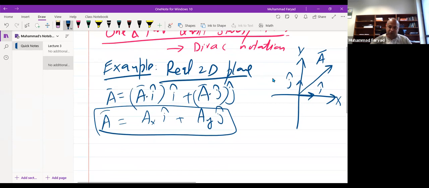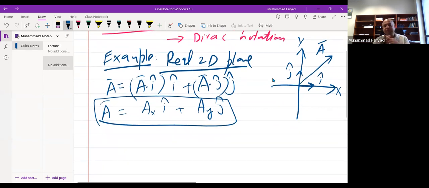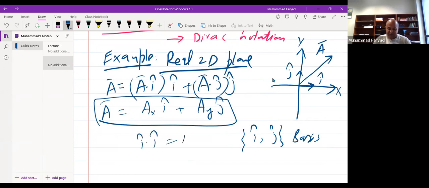And just to prepare an analogy with the terms in Dirac notation, this pair of vectors i, j is called the basis. And it has these properties: if you take the dot product of i with itself, it's 1. If you take the dot product of j with itself, it's 1. And if you take the dot product of i with j, it is 0.